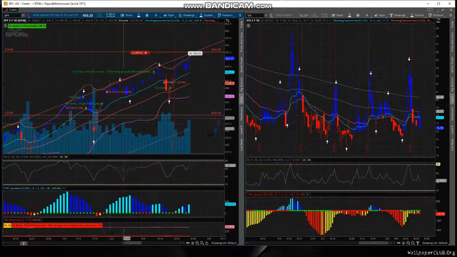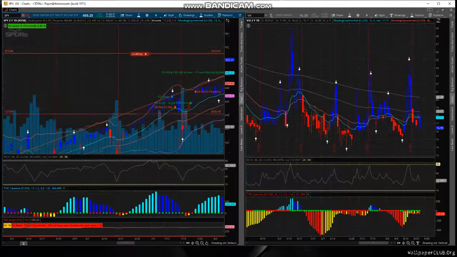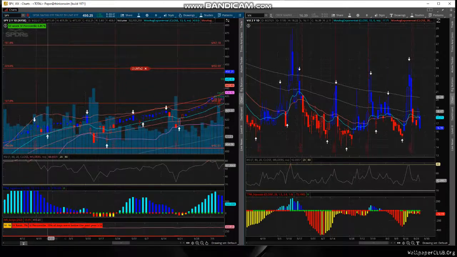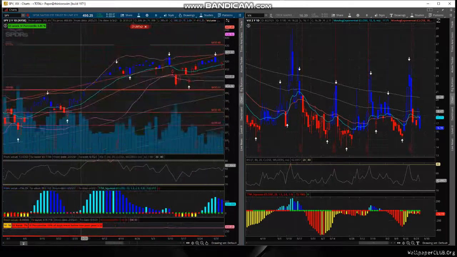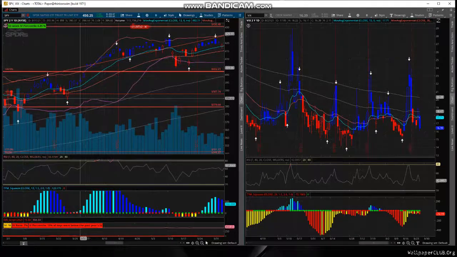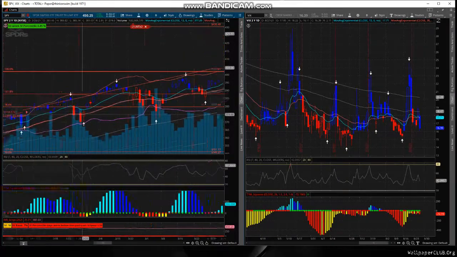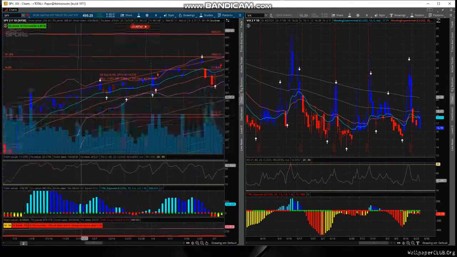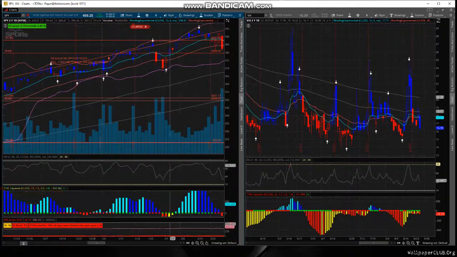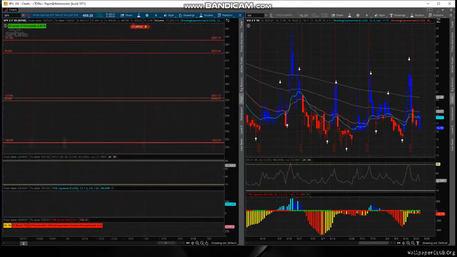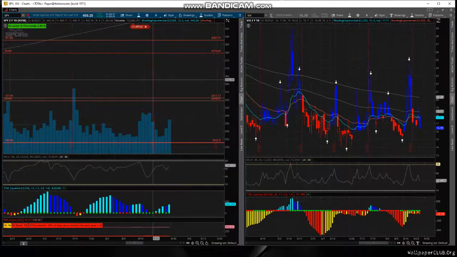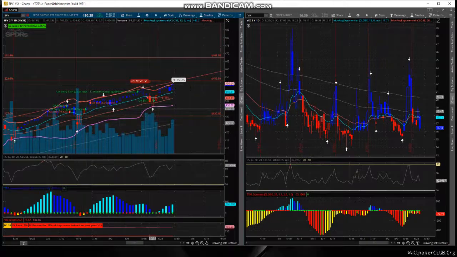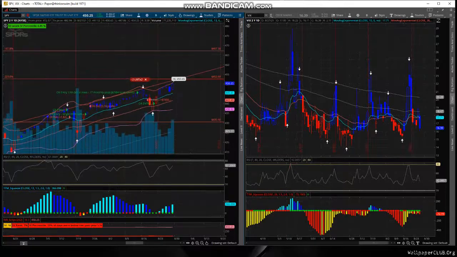As you can see, every month that the VIX spiked, the S&P 500 typically dropped. Once again, it might only drop a little bit, it might drop a lot. You just don't really know. But as you can see, it typically always drops.